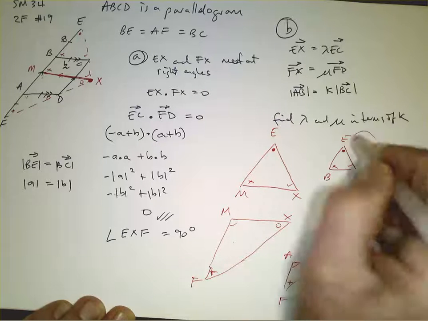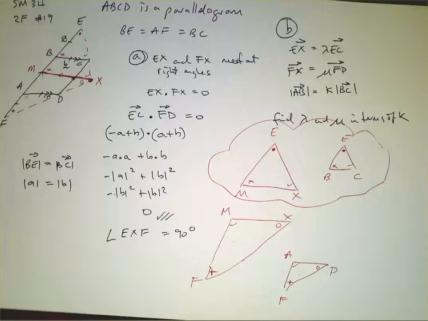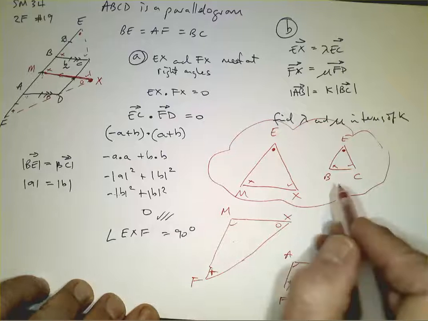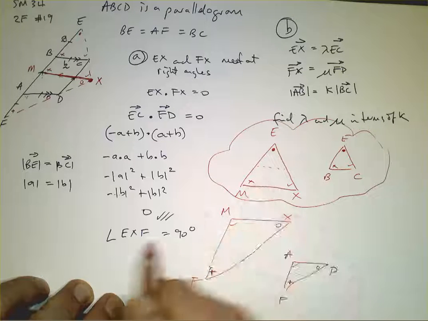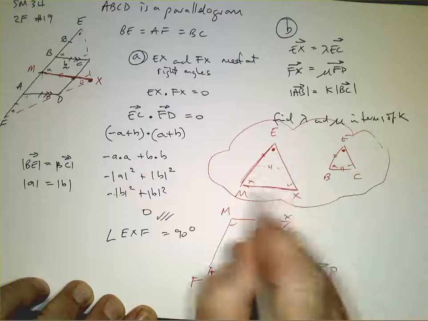Okay, I'd like to consider this triangle first. And what I'd like to say is that the corresponding side lengths are in the same ratio. Okay, so let me get some space. Since I know that this is equal to that, this is equal to that, then this length must be equal to this length.